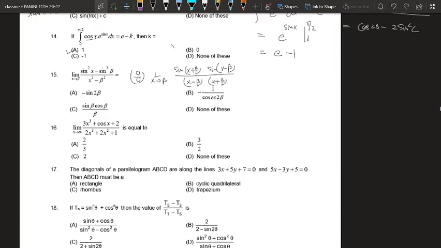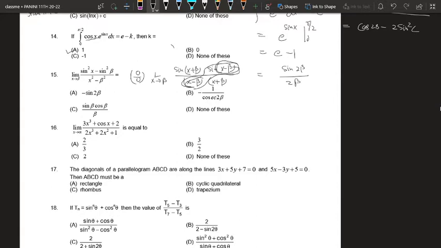Now when x is tending towards beta, this argument is tending towards 0, and this limit is 1. Now x tending towards beta, we get sine 2 beta divided by 2 beta.